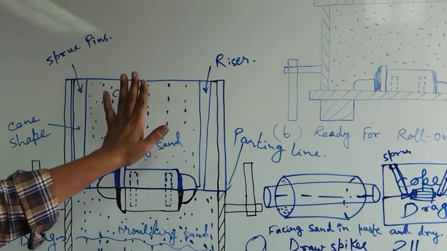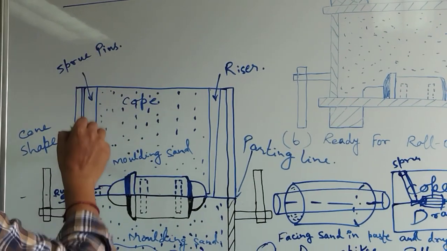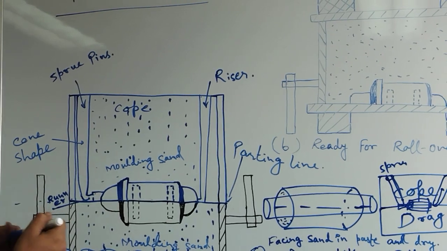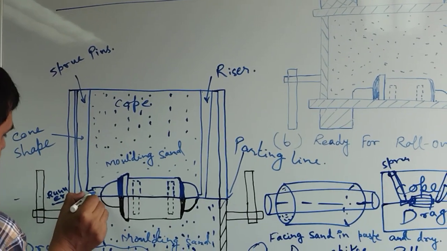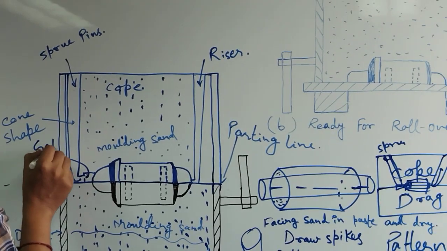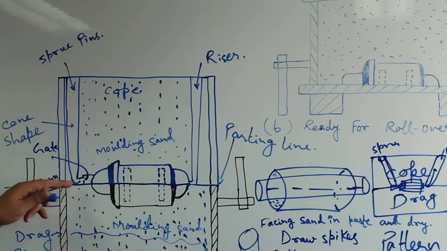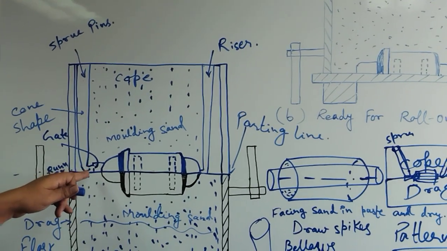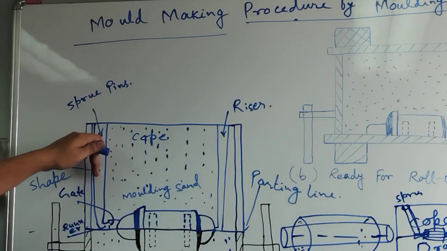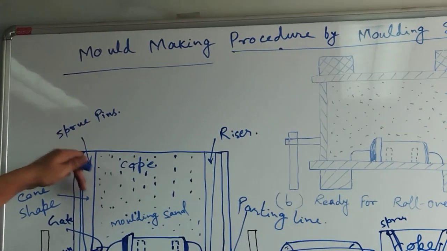In the cope portion, sprue pins are inserted, and the runners and gate are cut. This part is the gate. The gate is cut at the portion through which the molten metal comes via the sprue holes. When the sprue pins are removed very carefully, they leave the sprue holes.